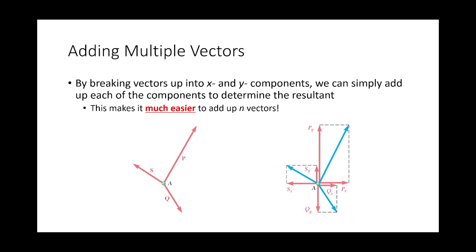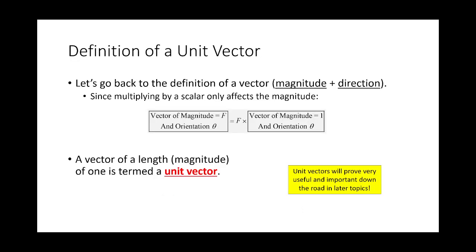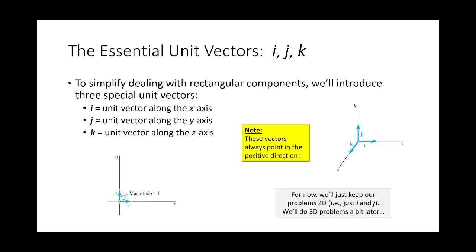And in order to standardize our notation, we're going to introduce this concept of a unit vector. The idea is that we have a vector that has some magnitude and direction. We can separate the magnitude and direction out by defining a unit vector that just has a magnitude of 1. We have a standard set of unit vectors that we use in mathematics, and we call those IJK.